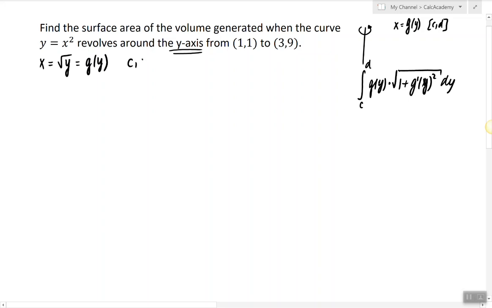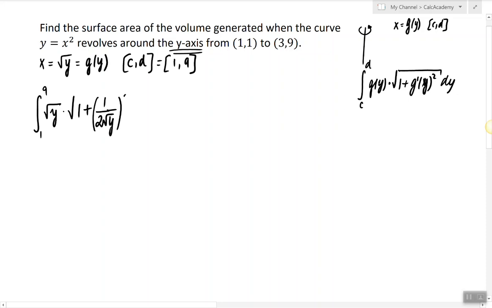The limits of integration will be from 1 to 9, since we're integrating with respect to y, and the integral therefore will be from 1 to 9 of g of y times the square root of 1 plus, and the derivative of g is 1 over 2 square root of y, squared, dy, and the rest is just integration.